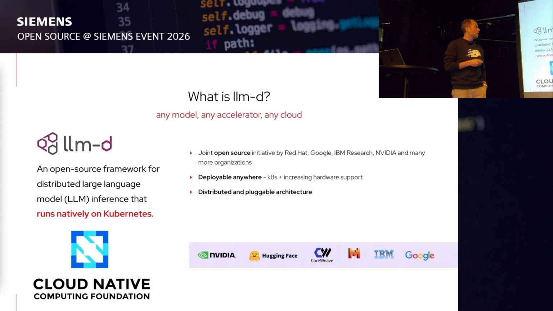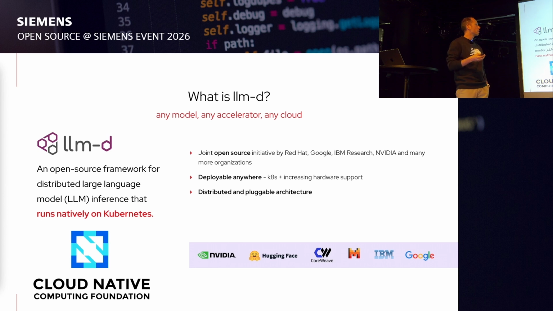So what is llm-d? llm-d is, of course, an open source framework for distributed LLM inference that runs on Kubernetes. It is a joint effort between Red Hat, Google, IBM Research, NVIDIA, and many other organizations. The vision for llm-d is any model on any accelerator on any cloud, because right now the scenario you could have when you deploy LLMs is pretty different.